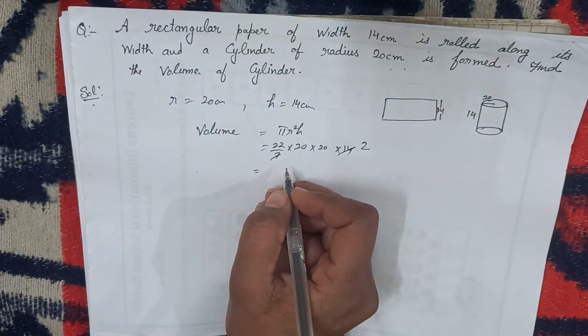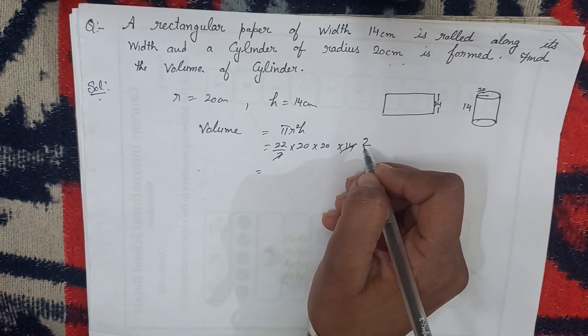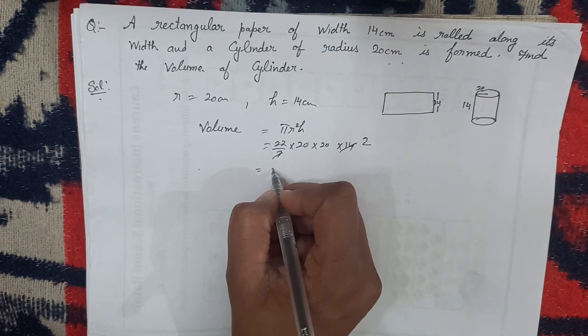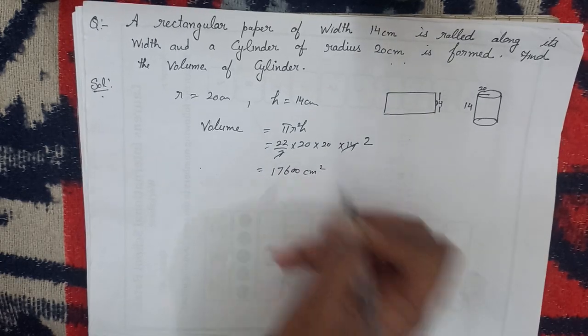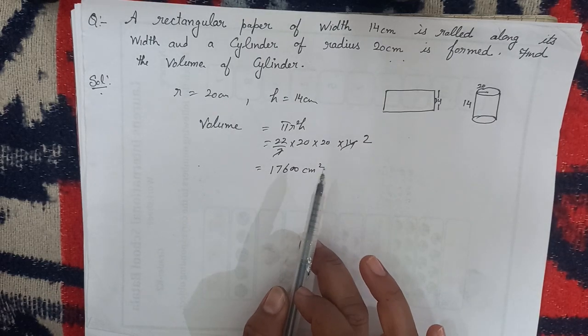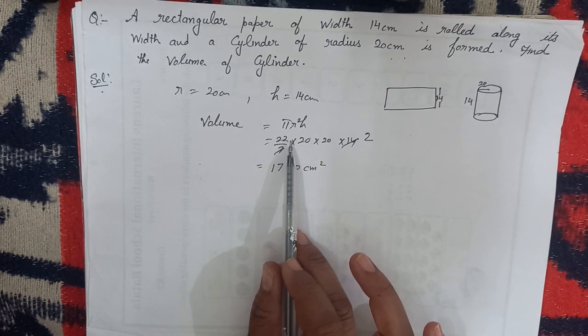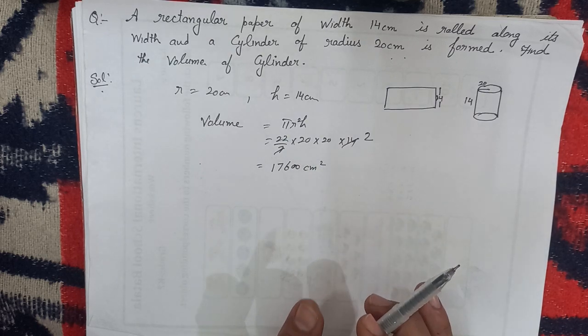That's 17600 centimeters cubed. 22 into 2 will be 2 twos are 4, 4 twos are 8, 8 multiplied with 22, we get 176, and the double zero will be written as is.